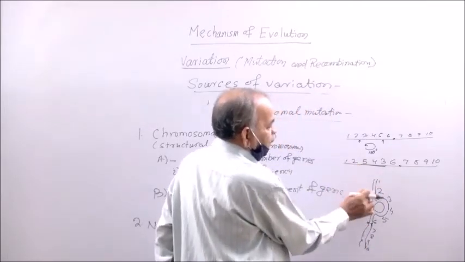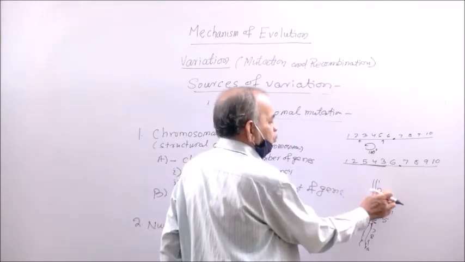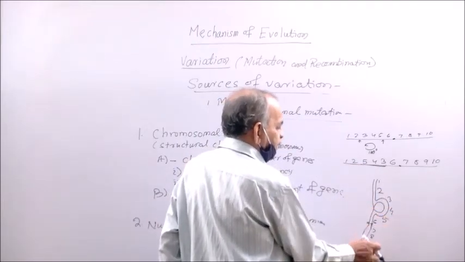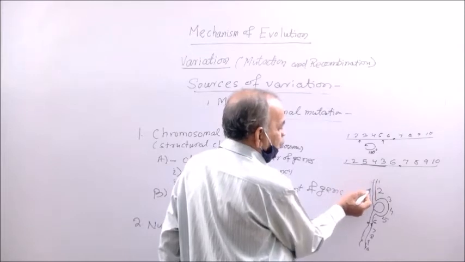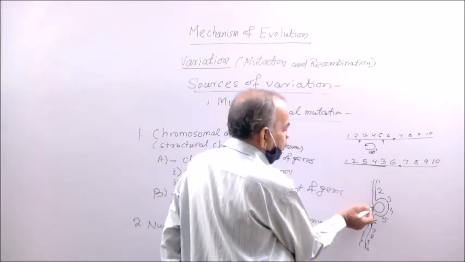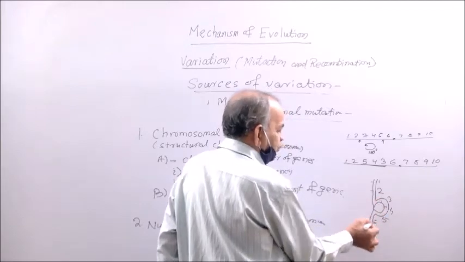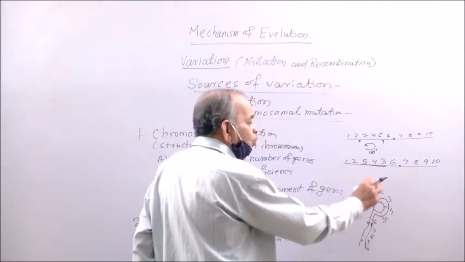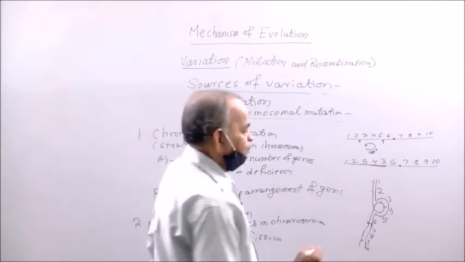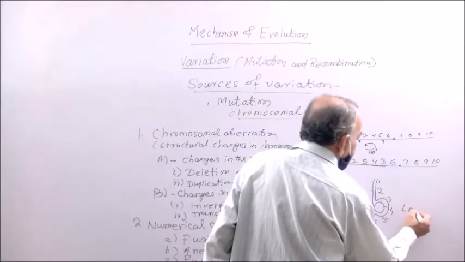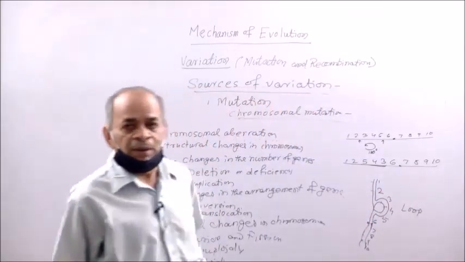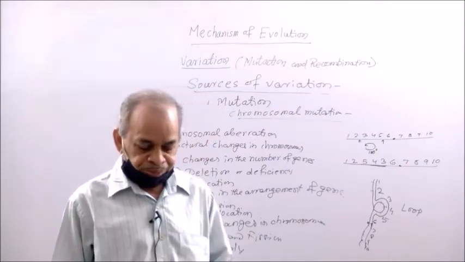This is the normal arrangement of one chromosome, 1, 2, 3, 4, 5, 6, 7, 8, 9, 10. Now in the other one, it is 1, 2, then 5, 4, 3, 6, 7, 8, 9, 10. So a loop is formed during synapsis.